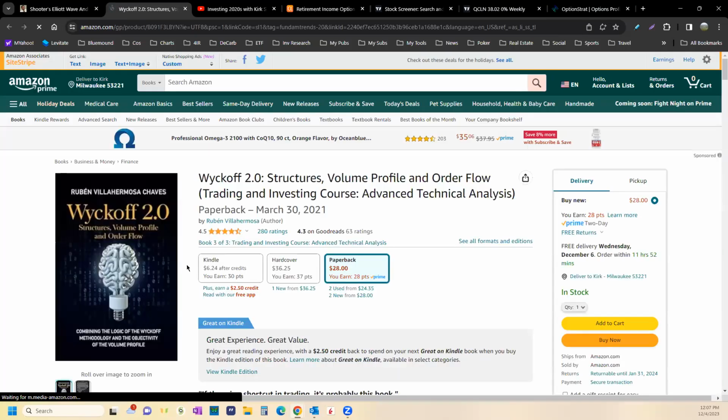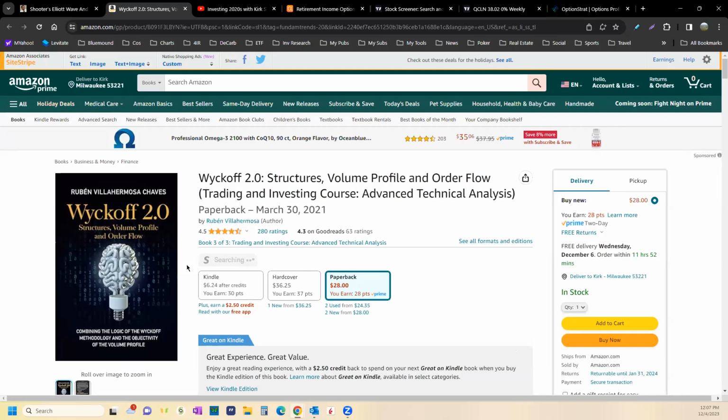And then what I use a lot of, and I've shared this with Teresa, is Wyckoff 2.0, which is what this guy is calling it. It is Wyckoff, just distribution and accumulation patterns, and how you can read them using volume profiles. When you take a look at my charts, I will show you in a second, those bars on the far left side are the volume interest, a particular type of study that I use.